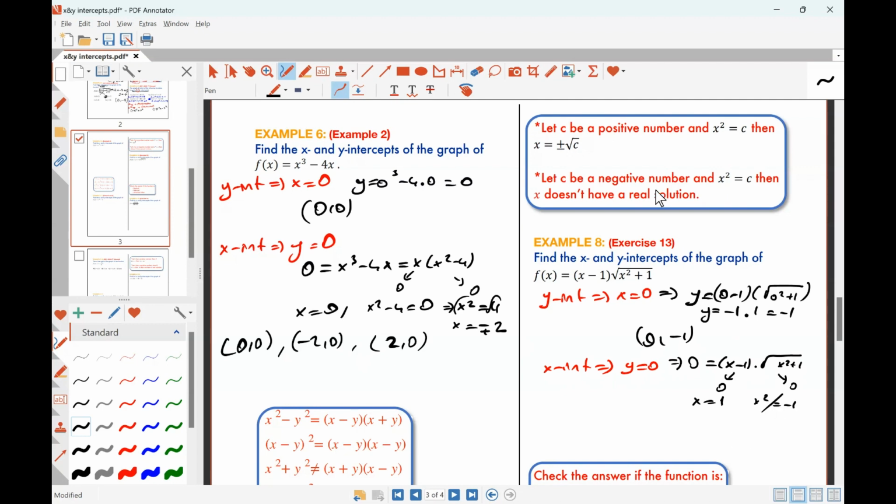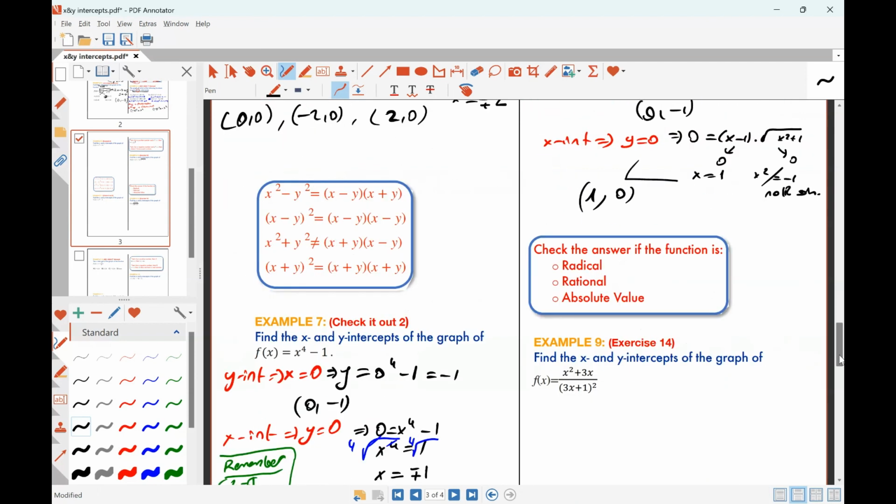Like in this note, we have no real solution from this second factor. X squared can never be negative. So we have only x equals 1. So write the point. The point is 1 comma 0. So that's it.